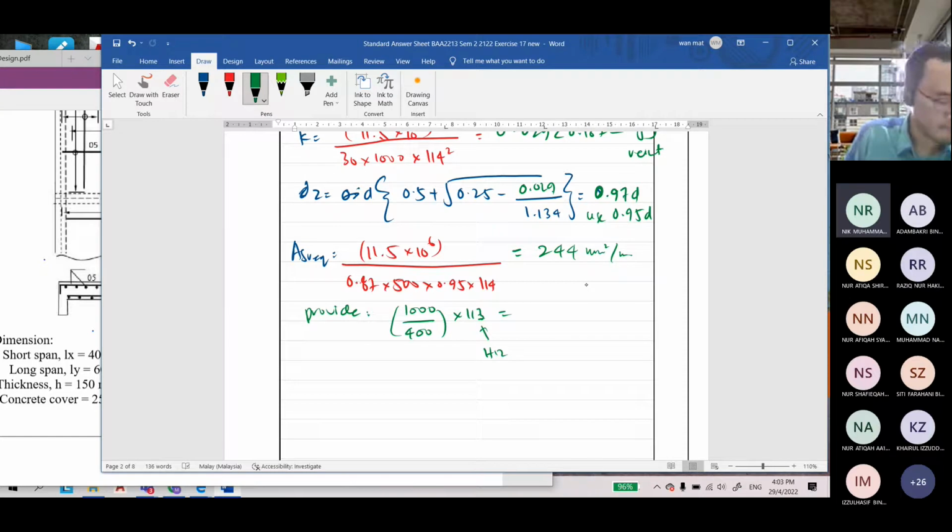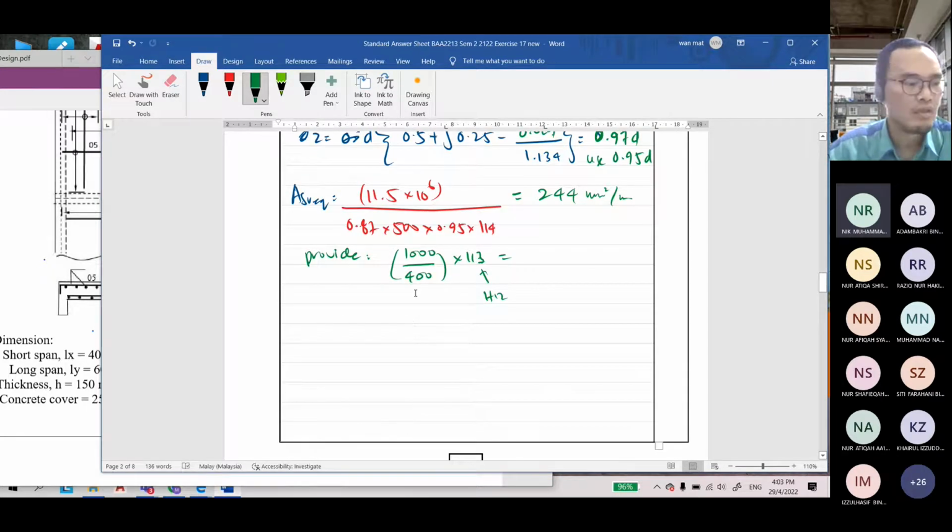I hope you still remember what I'm trying to do. It's okay, during the final exam, I will provide you the table, up to 400 mm or 450 mm for secondary bar.